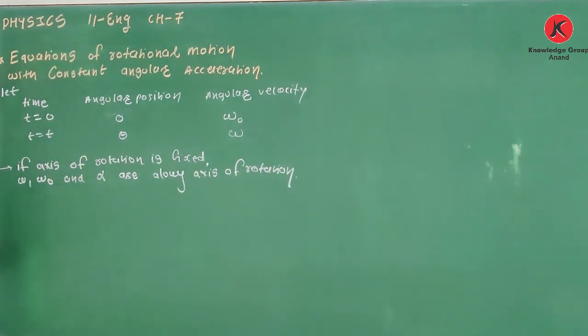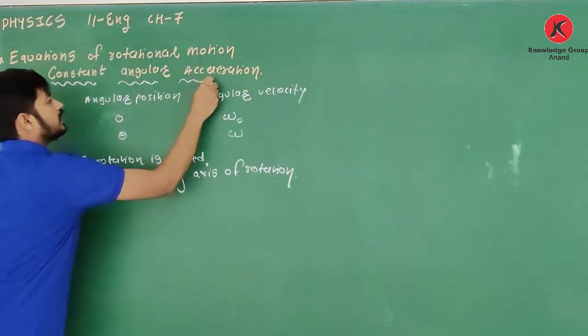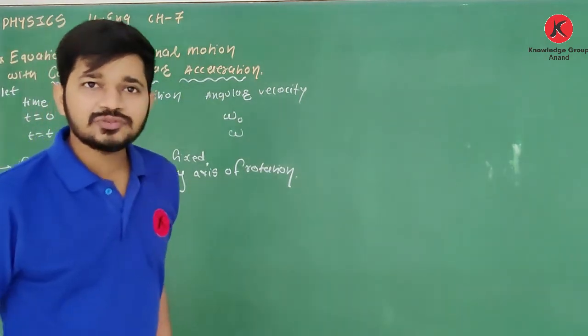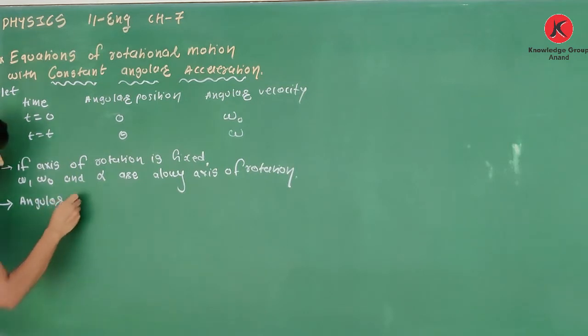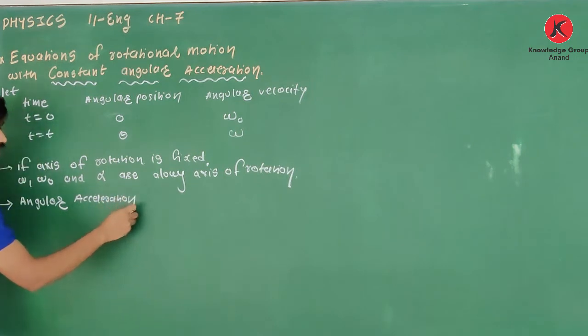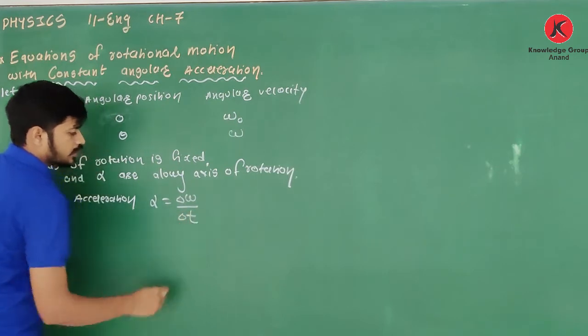So simple. First of all, we will start from the definition of acceleration. It is constant angular acceleration. So for constant angular acceleration, we know that average value is equal to instantaneous value. So here I will use the equation of instantaneous angular acceleration: alpha is equal to delta omega upon delta t.